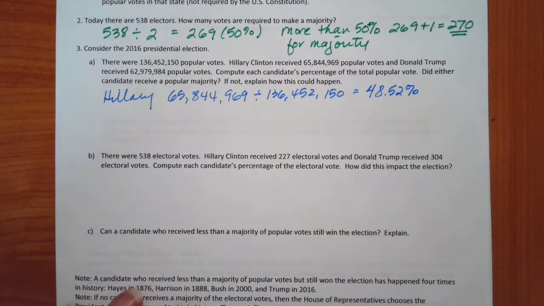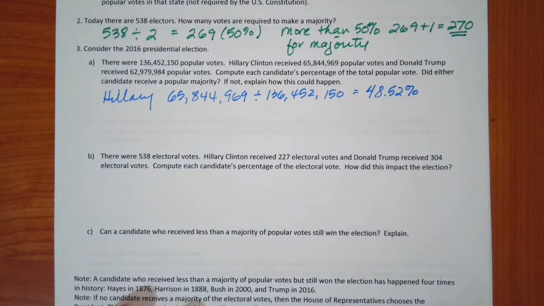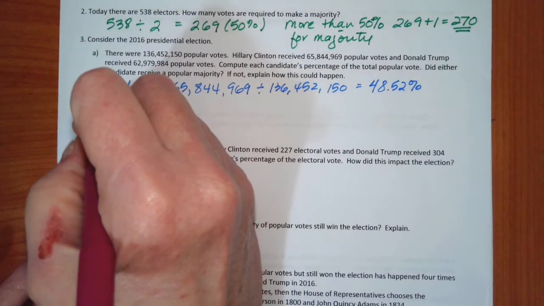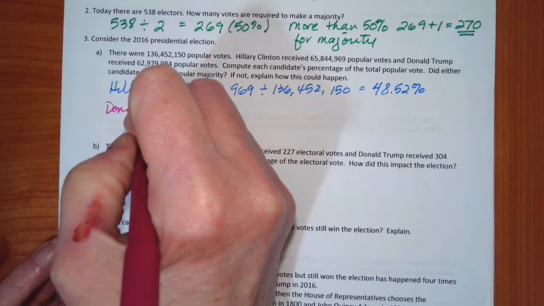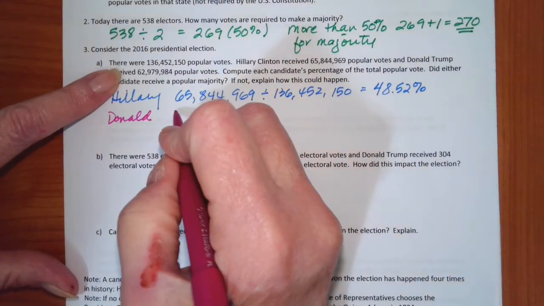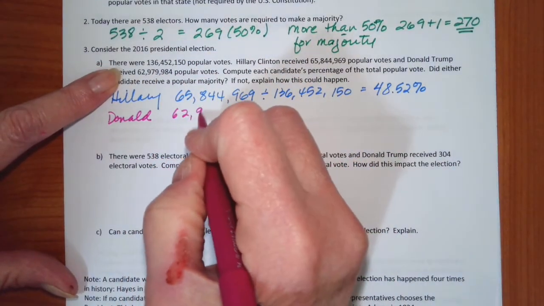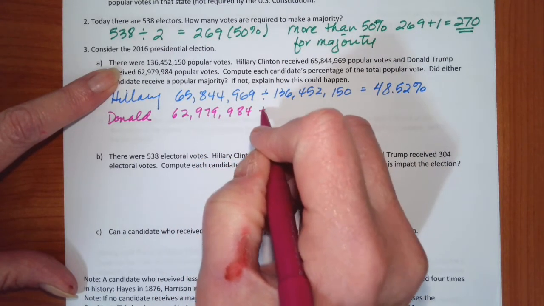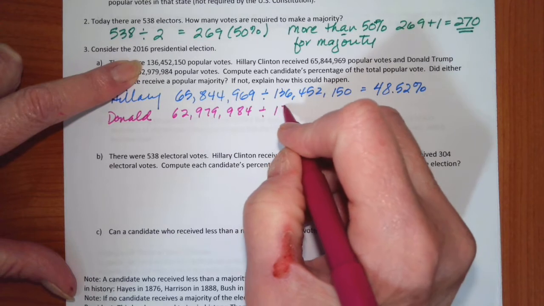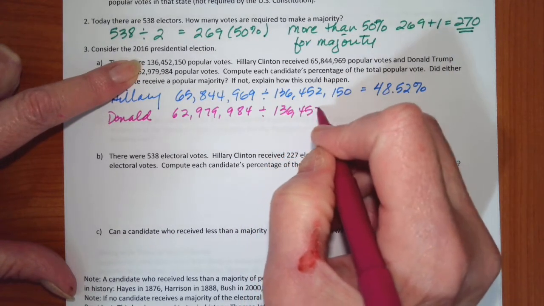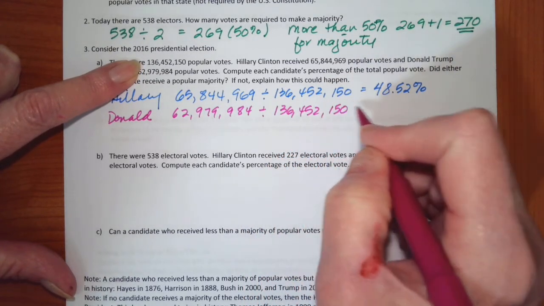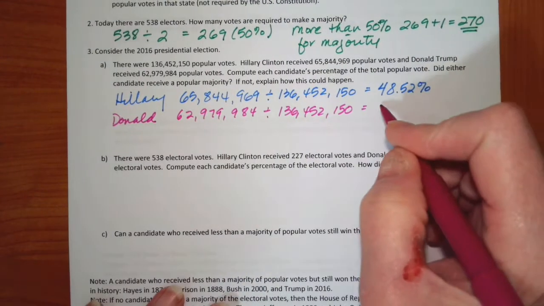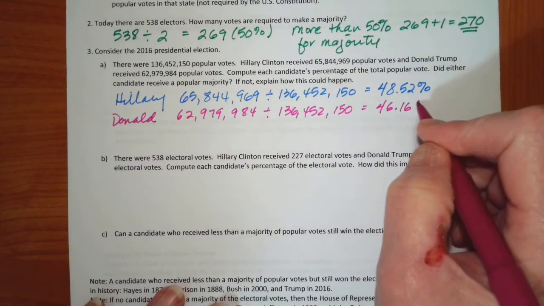Then we'll look at Donald. Okay, he received 62,979,984 votes. We divide it by the number of votes cast to give us our percent, and that gives us 46.16%.